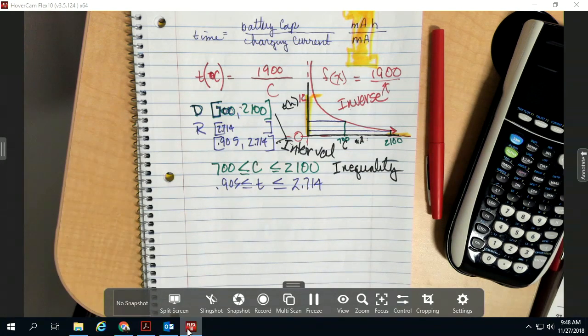Let's see here. D, the graph of f has a vertical asymptote at time equals 0. You can't have a charger that's strong enough. If you have a charger that has 0 milliamps, it will take forever to charge.